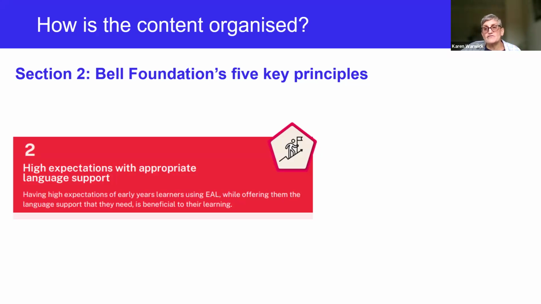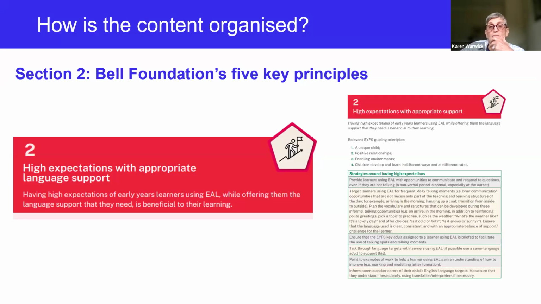And the benefits of high expectations to inspire them, motivate them, challenge them, build their confidence, and move towards independence, can be found and read about in the strategy section of the guidance.